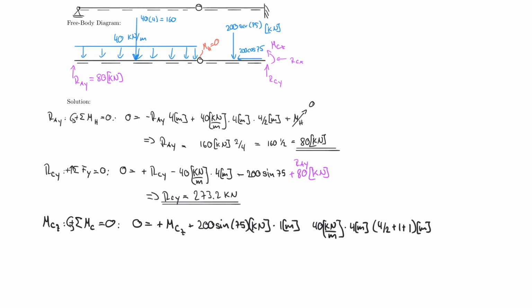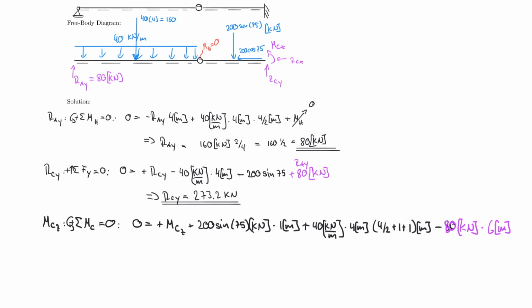And that rotates as well about point C, so it rotates this way around, which is counterclockwise, therefore it's positive, so I add a positive here. And then I have one last thing, which is RAY, so that pushes upwards, so minus 80 kilonewton, sorry, not kilonewton meter, multiplied by 4 plus 1 plus 1, so multiplied by 6 meters.